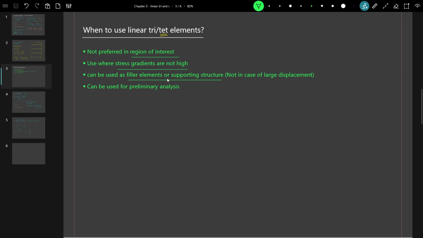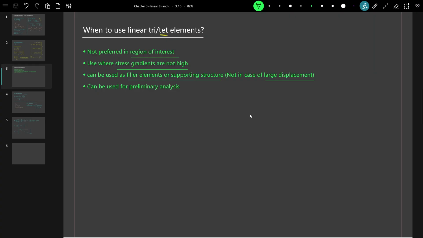But we have to be careful. The supporting structure or filler region where we use linear tri elements should not undergo any large displacement. Otherwise it will not capture that large displacement, in terms of bending or any other deformation, accurately, and it will ultimately lead to inaccuracy in overall global behavior.